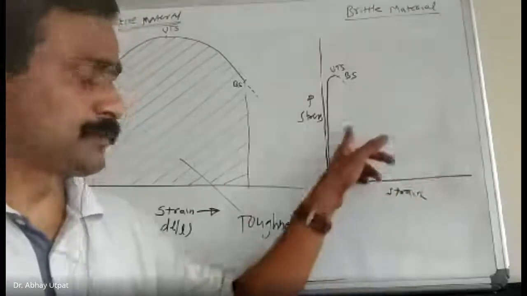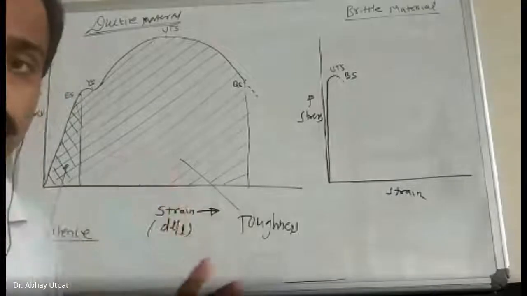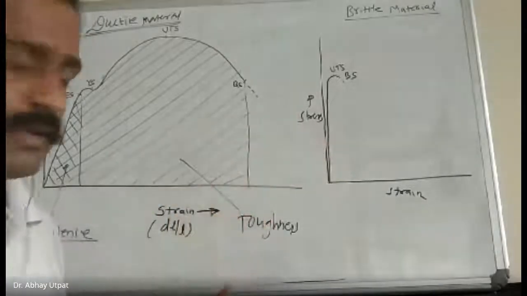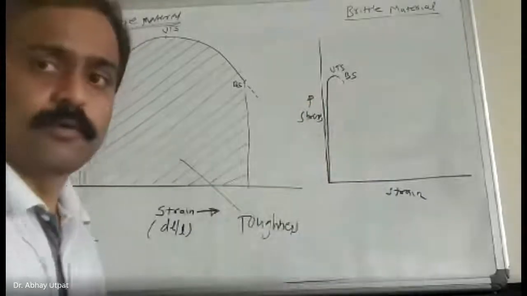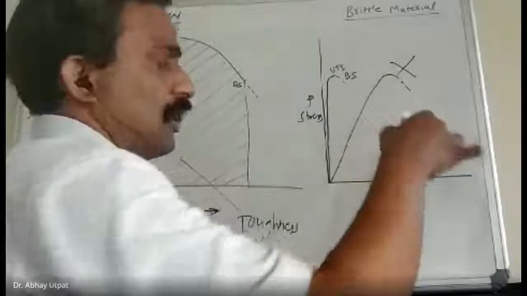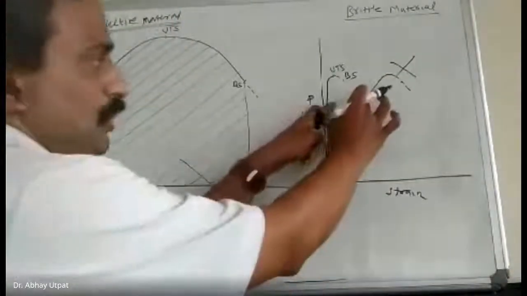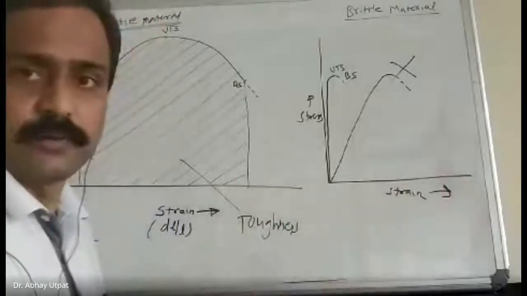If you see this graph, now I don't know how many of you exactly copied from the board. See, this gap should be very minimum. If anybody has drawn it in this way, it's wrong. It means you are showing more elongation here, because this is strain. Are you getting it?